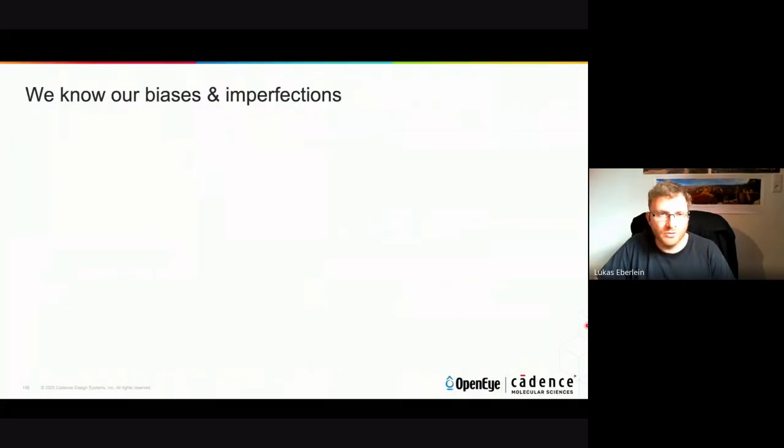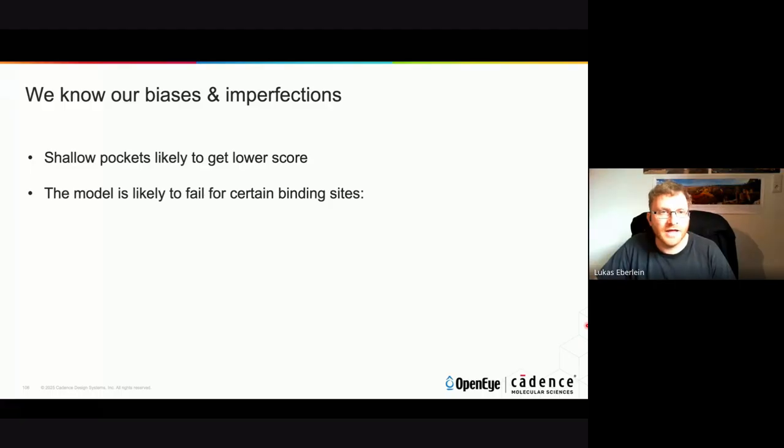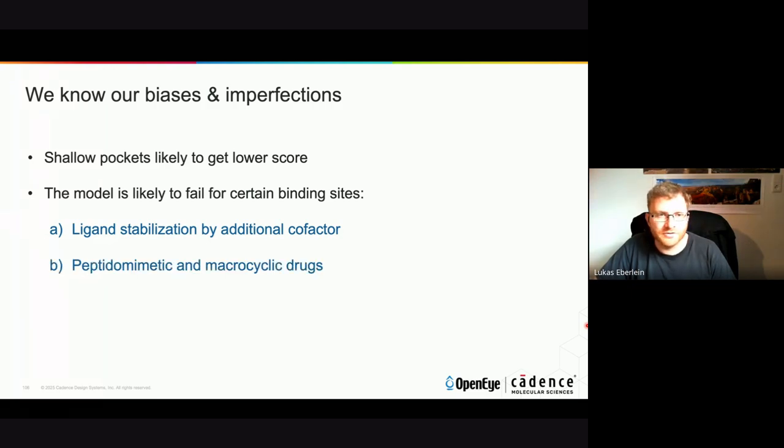So we know our ligandability model has some biases and imperfections. Shallow pockets will likely get a lower score. It's slightly biased towards buried pockets, and the model will likely fail for certain binding sites, which are ligands that are stabilized by an additional cofactor, peptidomimetic and macrocyclic drugs, or covalent inhibitor binding sites.